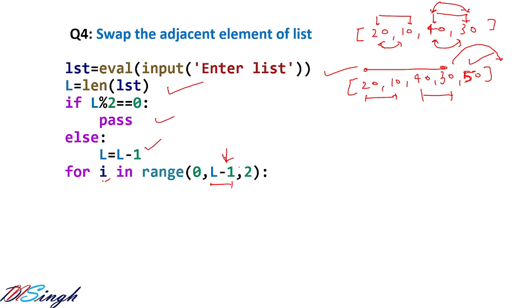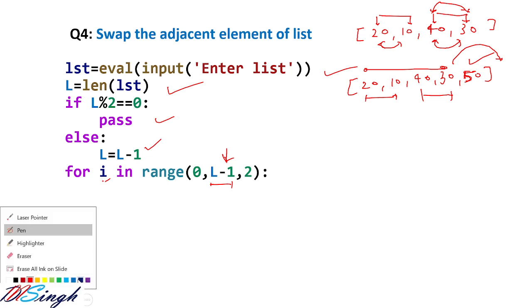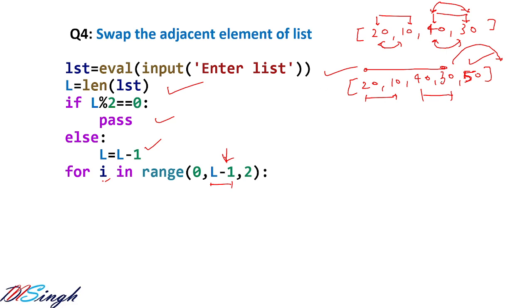You are going to go one less than the last index or last stop, or if it is odd, then also you are going to go one less than the last, two less than the last. In case of odd, up to where will you go? Up to 40. For odd values you will go up to here only, or for even up to here.